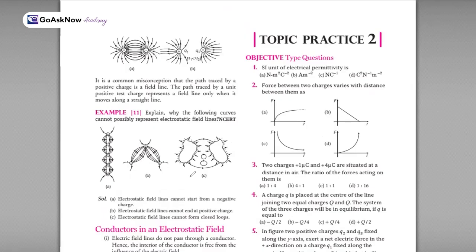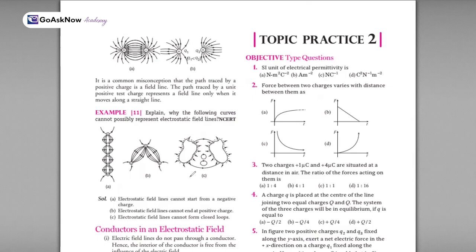So one point is given in your book that it is a misconception that the path traced by a positive charge is a field line. It is a misconception among people that the path traced by any positive charge is a field line, but it is not a field line. We have already covered what an electric field is. So a field line is what?